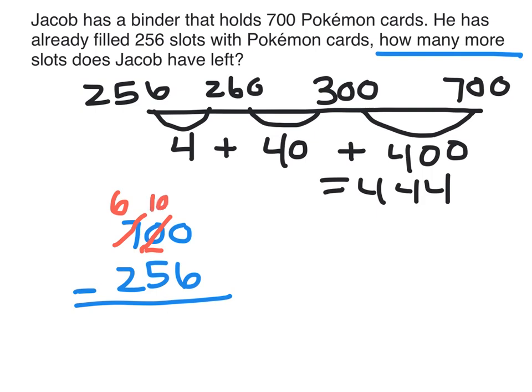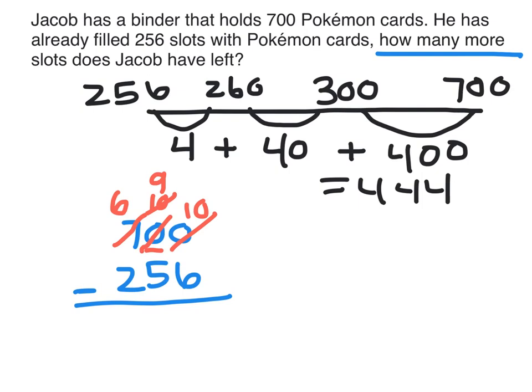But I can't do anything yet. I still have to give some away to my ones place value. So this 10 now is going to become a 9, and this 0 is now going to become a 10 because I'm giving 10 to the 0. 10 plus 0 is 10.